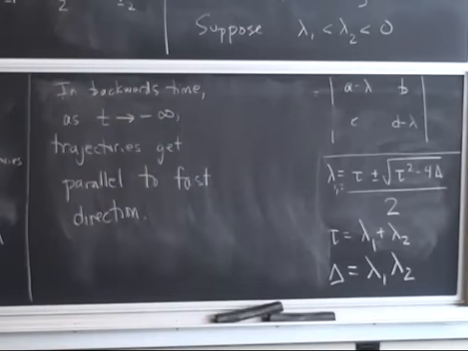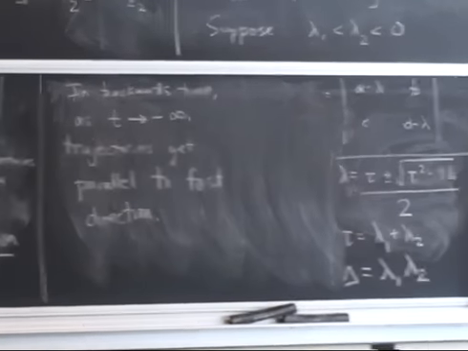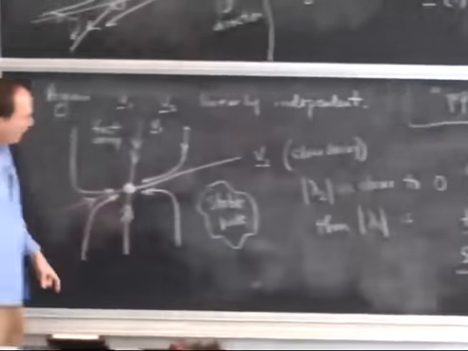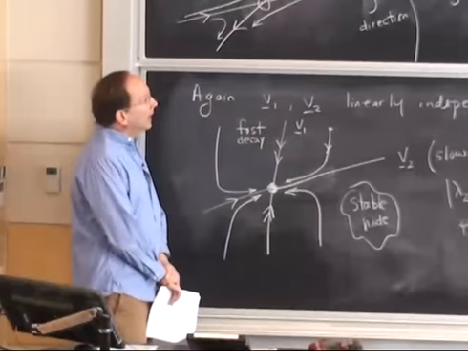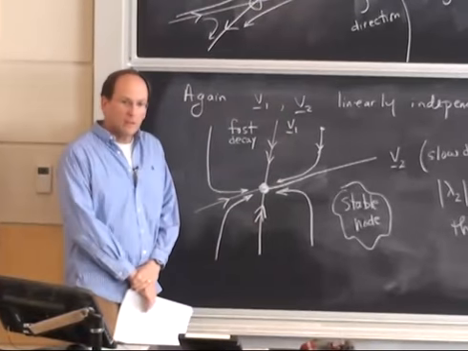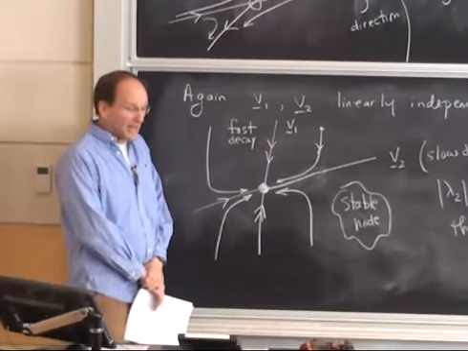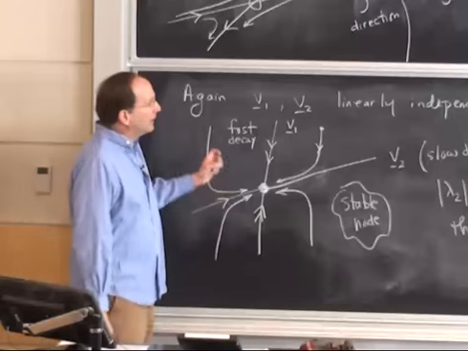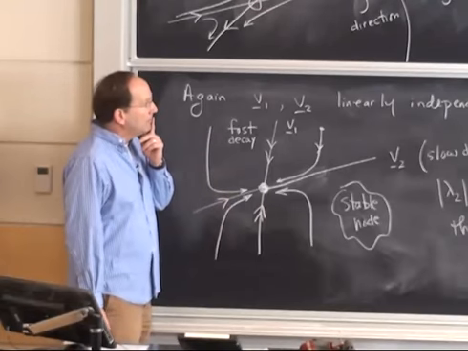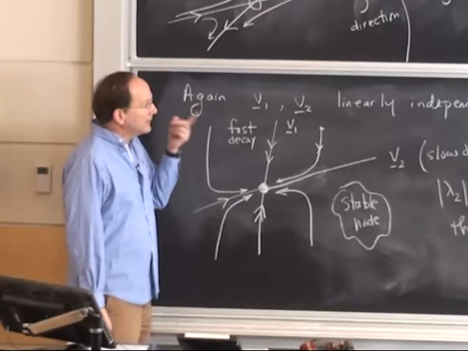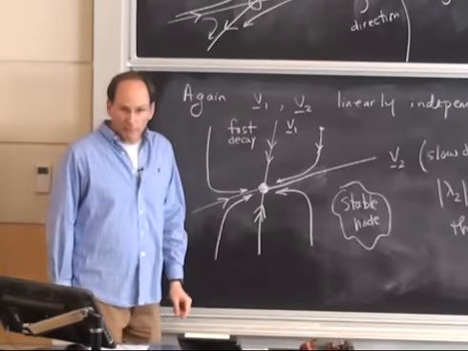Okay, now, did you have a question? So if V1 and V2 are perpendicular, would these form parabolas? The question was, if V1 and V2 are perpendicular, would these be parabolas? Not necessarily. They certainly will look kind of like parabolas, but that would depend on exactly what the ratio of the eigenvalues is.